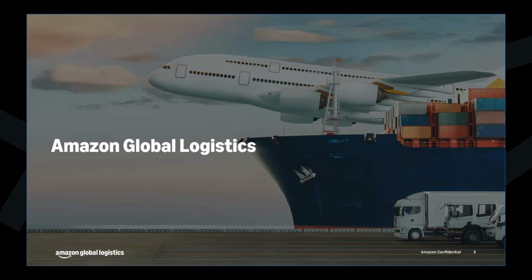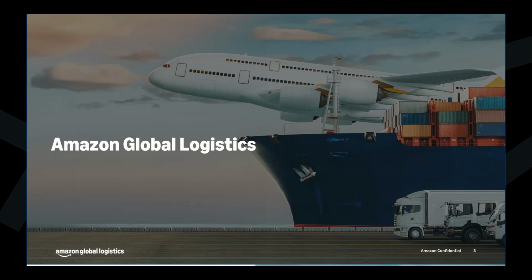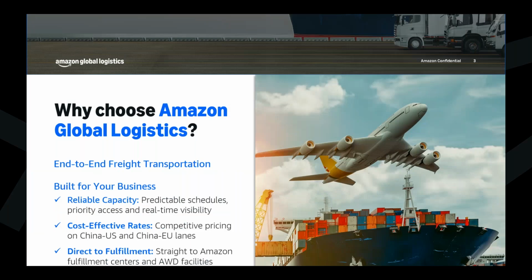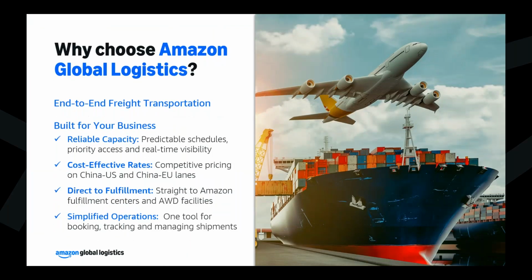Great. So I think a lot of you already know Amazon Global Logistics and our supply chain solution from China into the fulfillment centers. But I quickly want to repeat for any people who are in the call today and have not heard about Amazon Global Logistics and what we could offer. So basically just giving some insights into our end-to-end logistics solution from China into the fulfillment centers.